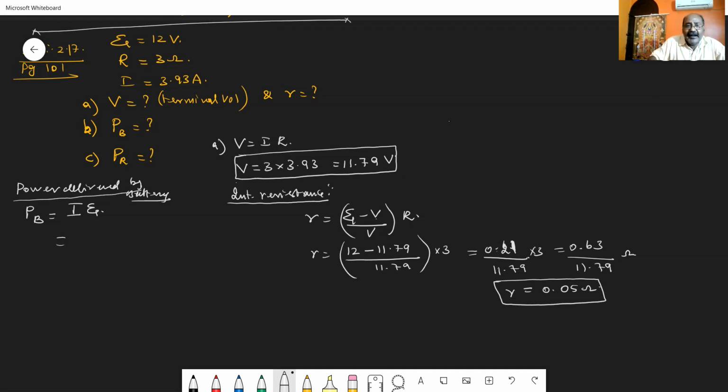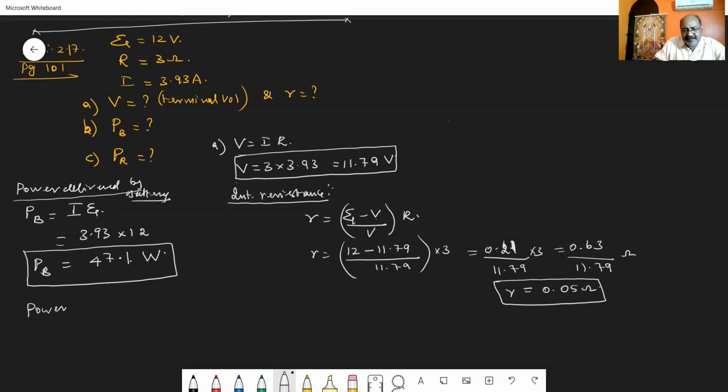What is the value of I? The value of I is 3.93, multiplied with EMF. EMF is 12. On multiplying, I am getting the answer as 47.1. This is power, so it is given in watts. Power delivered by the battery is 47.1 watt.